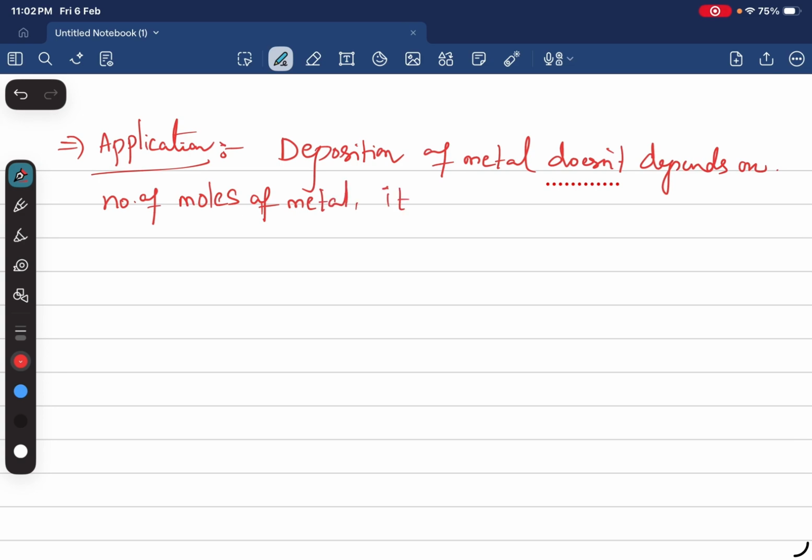It depends on the charge passed through the electrolytic solution. So what is the meaning of that? Same charge.